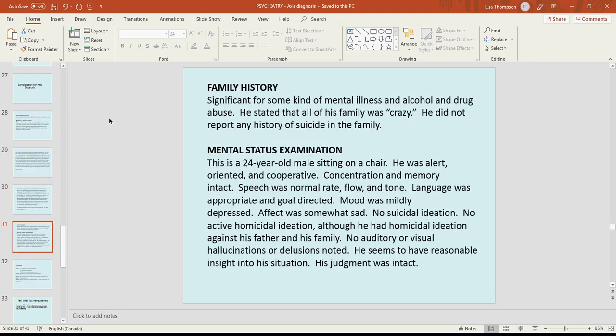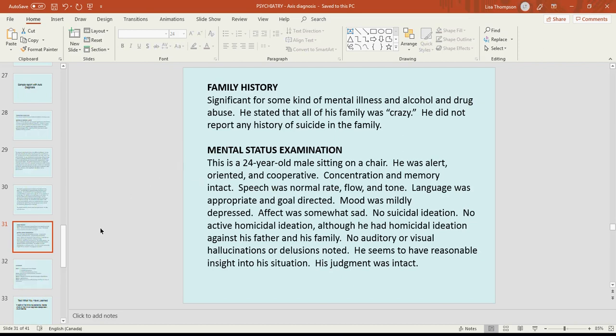And then they have a heading, family history, because that's important, because as we spoke about before, with mental illness, you want to know whether it's a family thing or just that person. And then, of course, they'll go in depth about the mental status examination.